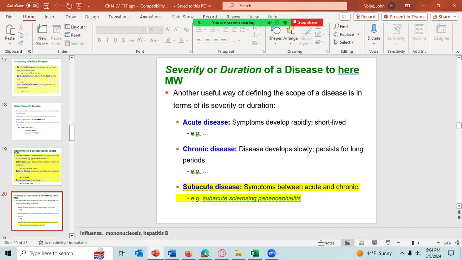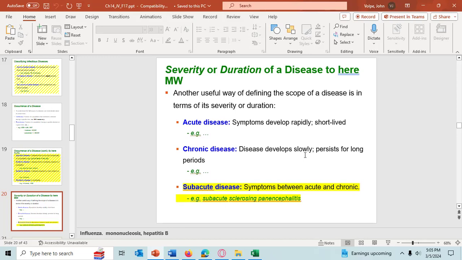A chronic disease is a disease that develops slowly, persists for long periods of time, and usually gets worse with time. Sometimes the body never throws off these diseases, like hepatitis B, recurrent liver inflammation.